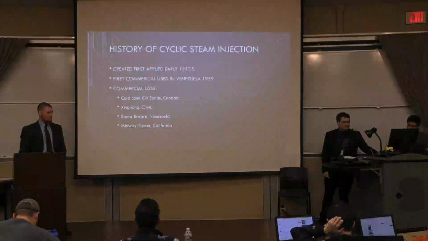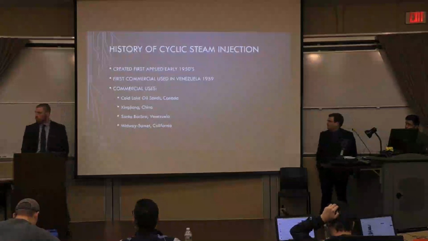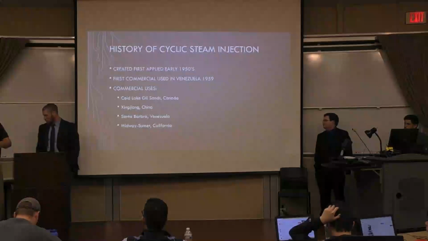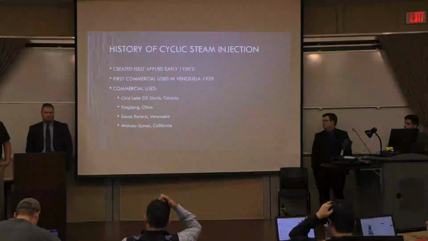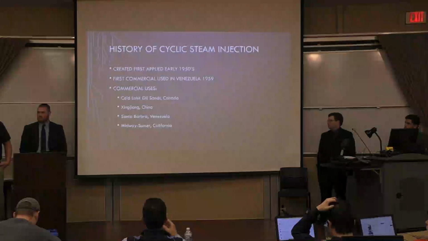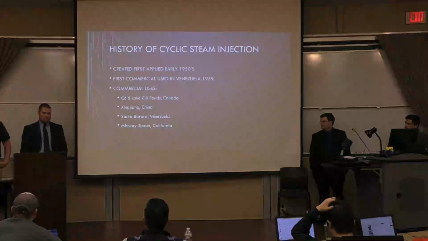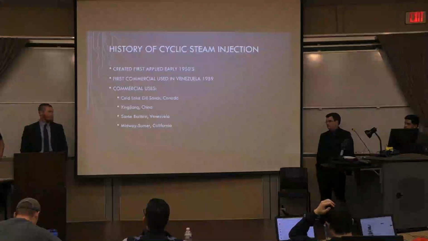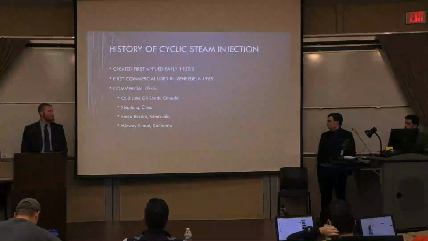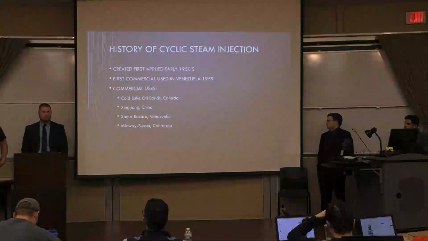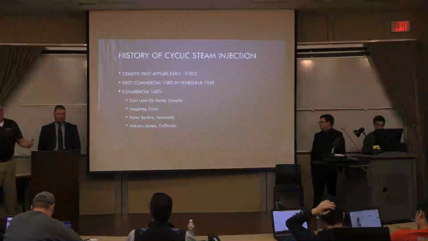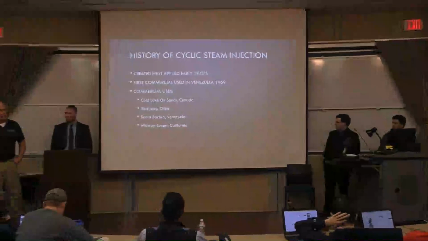And now here's Wes with cyclic steam injection. Cyclic steam injection was first developed in the early 50s. The first actual viable commercial use was found in Venezuela. I looked at several commercially viable uses of Huff and Puff in not only Canada, China, Venezuela, but also in California.